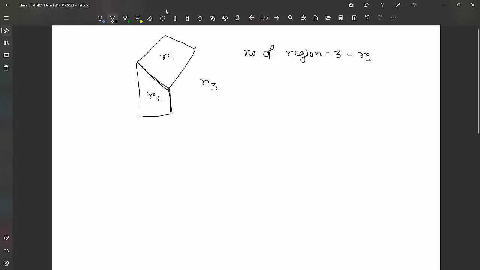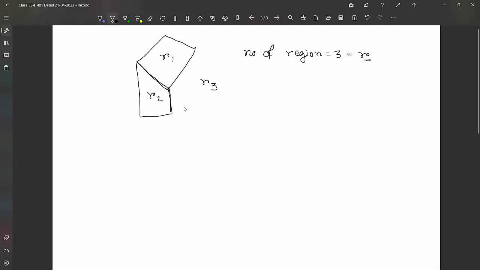And there is one popular and very important theorem in your syllabus. The proof is also important for your exam. The only proof that actually comes in your exam is this theorem, Euler's theorem or Euler's formula. By this formula, you can determine the regions using the edges and the vertices.